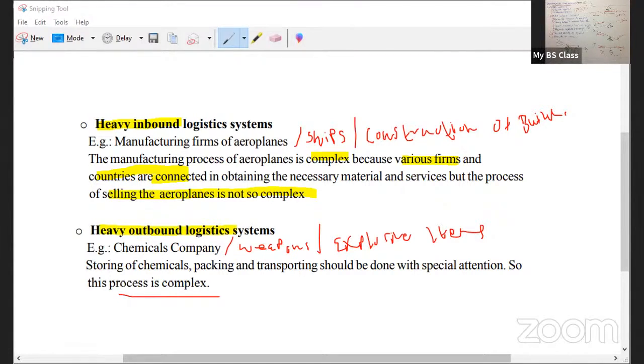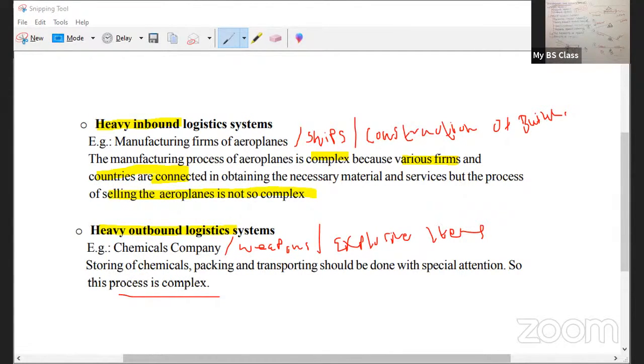Let me show you a video when you come to the heavy inbound, right? A time lapse of the production of a ship. You realize how complicated that process is. But the selling is, right, just easy. Just a matter of selling, but to construct, it takes a lot of time.